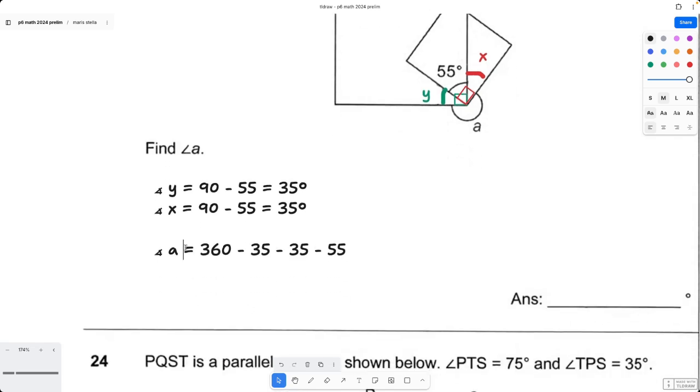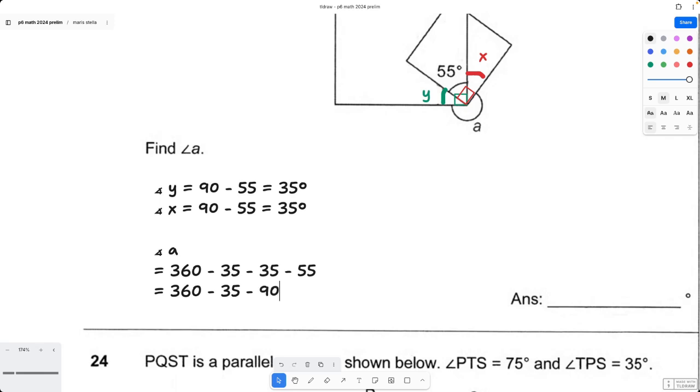Since we know 360 minus 35 minus 90, that means it's 270 minus 35, which is 235. Okay, basically, there you go. That's the answer. 235 degrees. So the answer is 235.